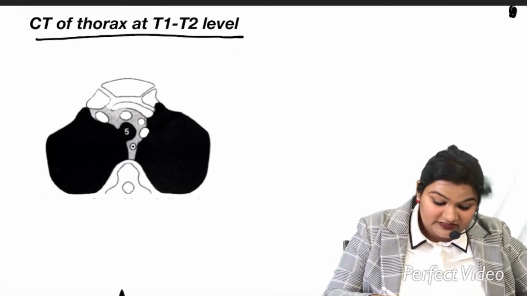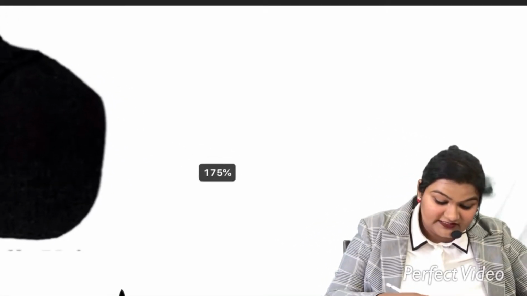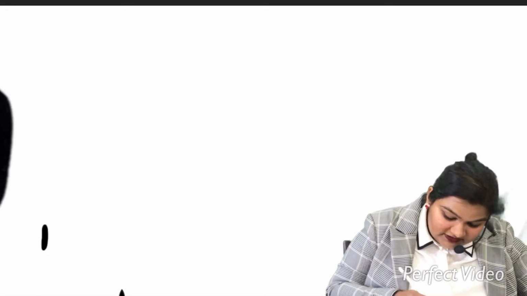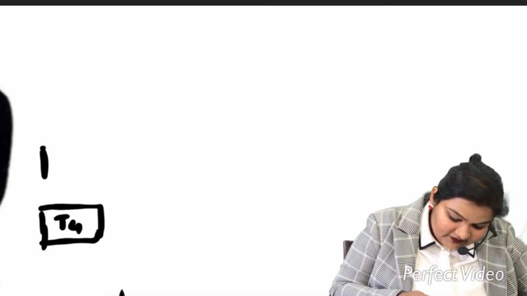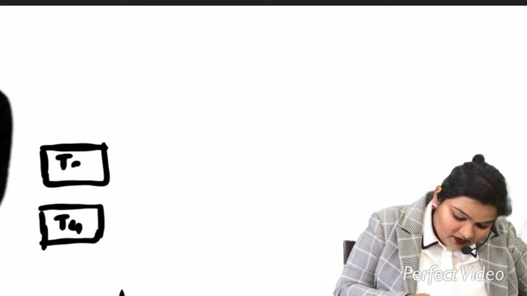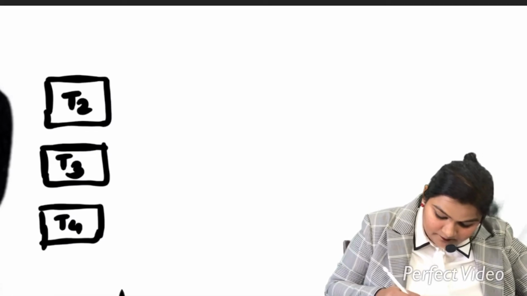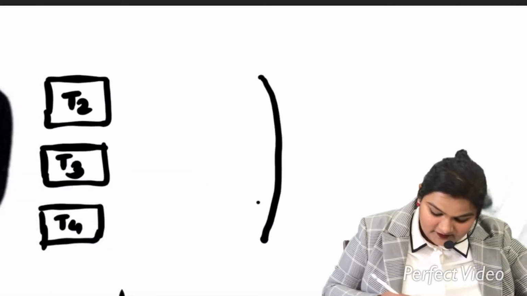Before going to the scan, I want to tell you the sections of aorta at different vertebral levels. So this is our T4, this is our T3, and this is our T2. Then we have our sternum in front.